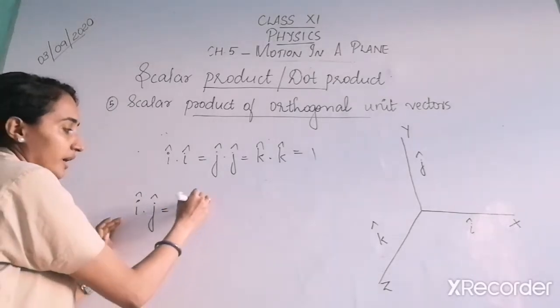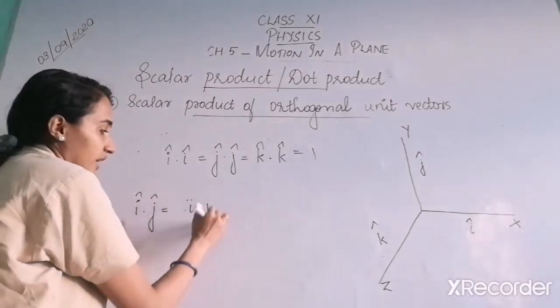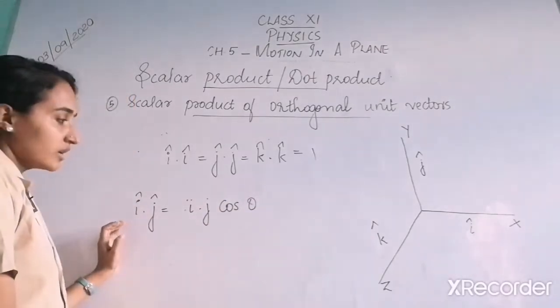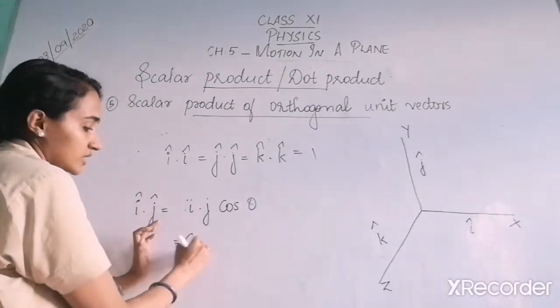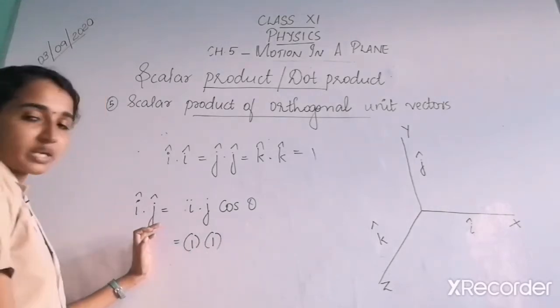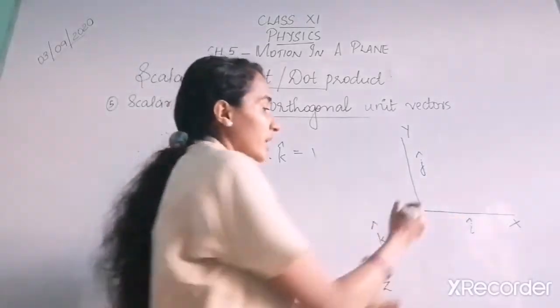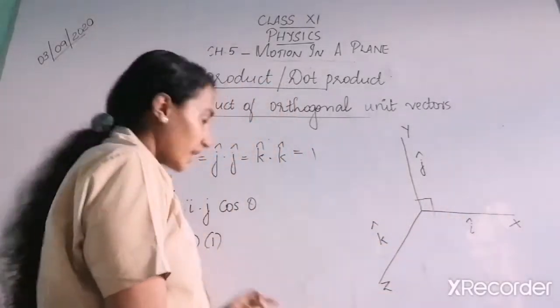Now let us see what is i dot j. It will be i j cos theta. Isn't it? Now here, i and j, since they are unit vectors, the magnitude is going to be 1, and the angle between them is going to be 90 degrees.